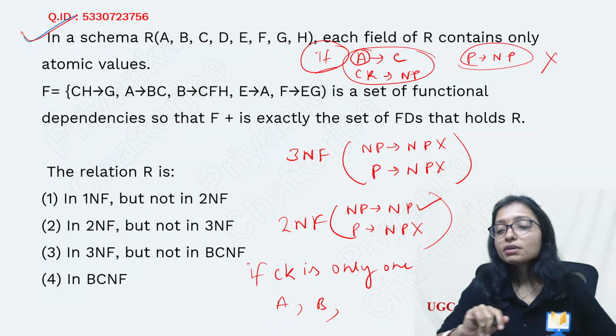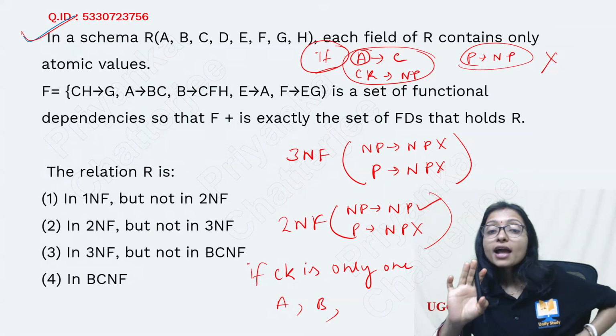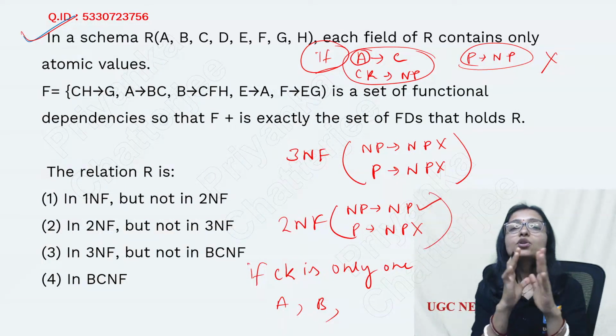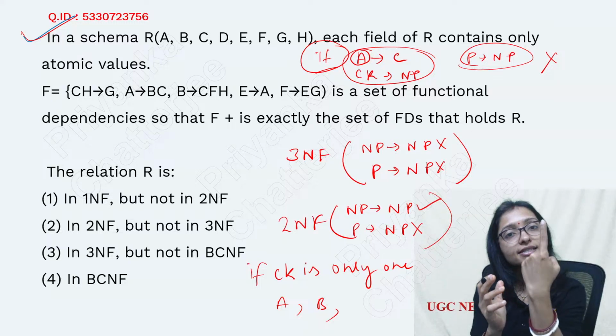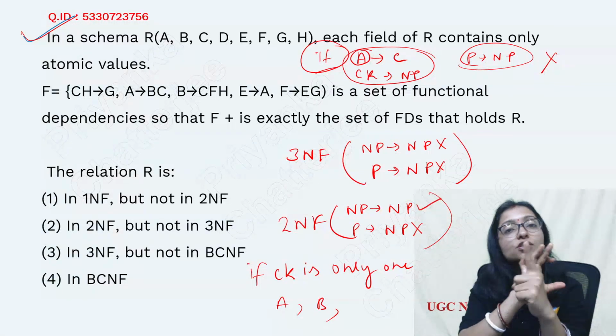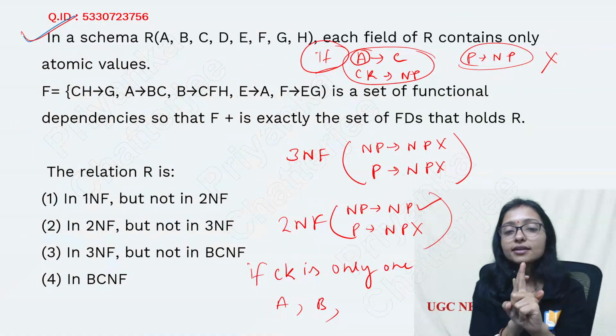Sometimes students make mistakes here also. They think A is also prime. Part of a candidate key means when one candidate key is made of two or more attributes. If it is a single attribute, then it itself is a candidate key, and it is not prime. Prime means always part of a candidate key.